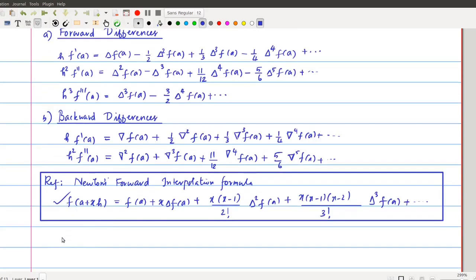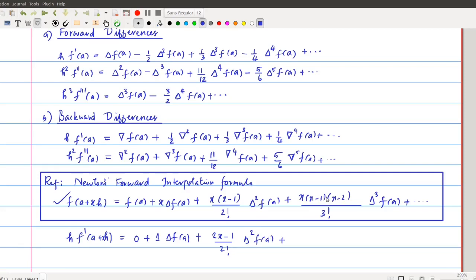First we take the derivative of this, you will get h times f dash of a plus xh equal to, the derivative of f of a will be 0, so we write 0, plus derivative of x will be 1 times del f of a, and then x square minus x, the derivative of which is 2x minus 1, divided by 2 factorial, del square f of a, plus, and you expand this, this will be a third degree polynomial, say 3x square minus 6x plus 2.